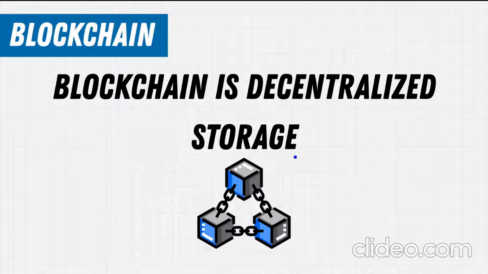Blockchain is a type of decentralized storage and is, again, in itself a concept kind of like NFTs, and it's down to the actual implementation to determine, okay, this technology as a concept, what do we do with it? How do we build it? And from that, we got Ethereum, we got Bitcoin, we get all of these other different coins with different tokenomics that are all built on the same backbone that is blockchain. But don't get it twisted. Just because all these different technologies are built on the blockchain doesn't mean that they all have the same value, right?